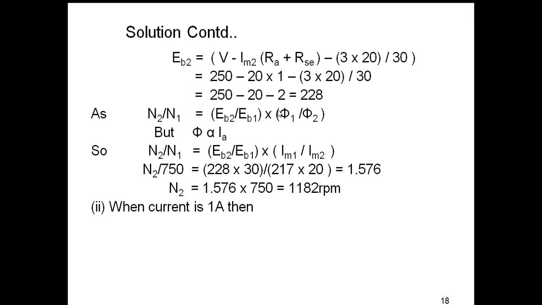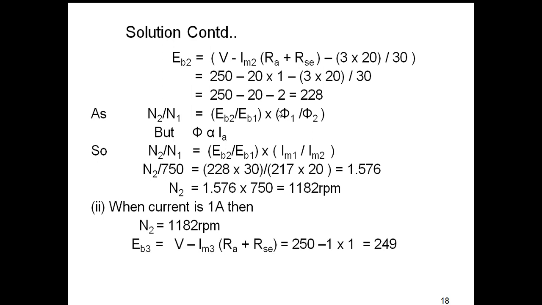And the second question is, when current is 1 ampere, then speed N2 is equal to 1182 RPM.